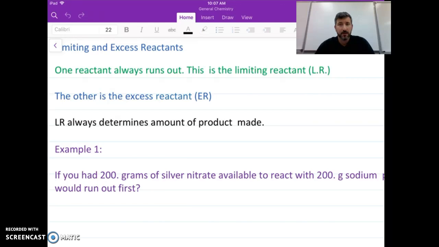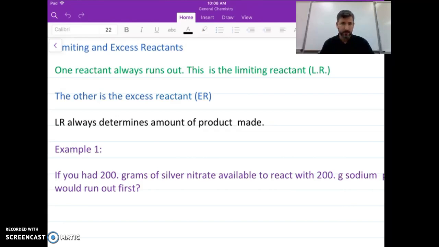So the reactant that we run out of would stop the reaction, and if the reaction stops, then you're not producing any more product. So the one that runs out, which we call the limiting reactant, determines how much product we can make, because there's no more of it. The reaction cannot proceed. The one that we have excess of, we refer to as the excess reactant, or ER.